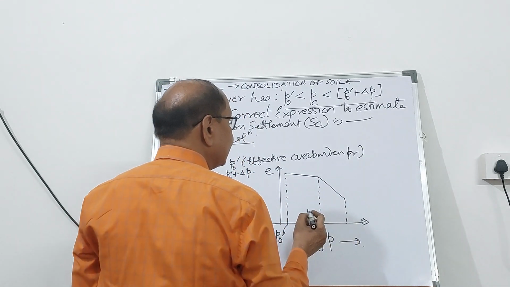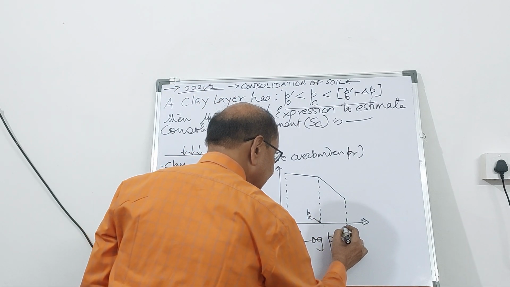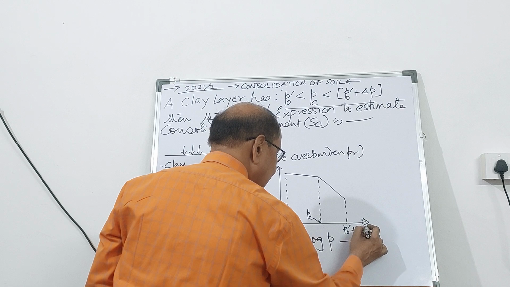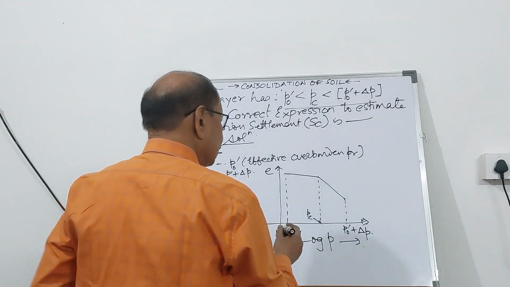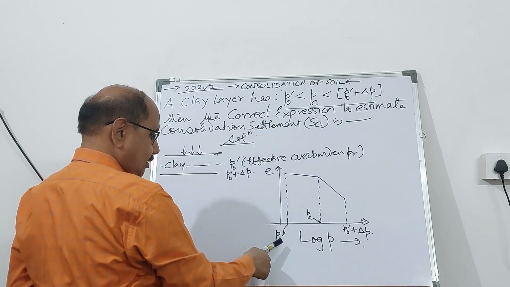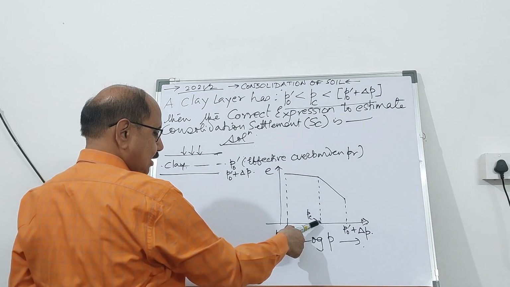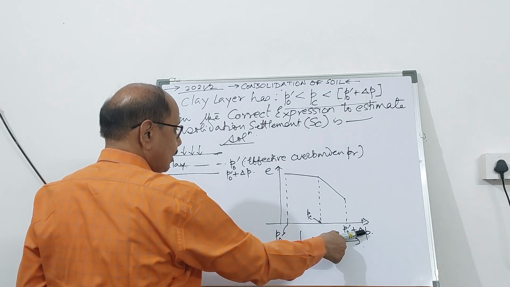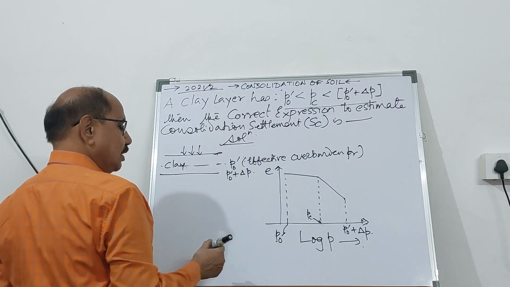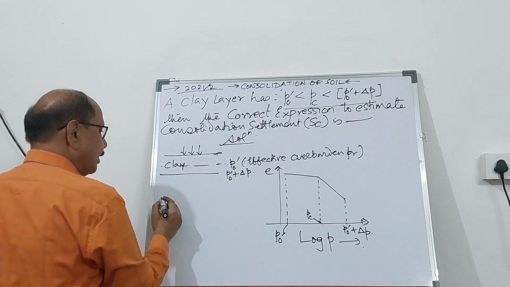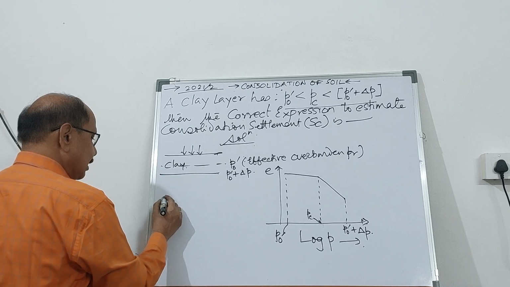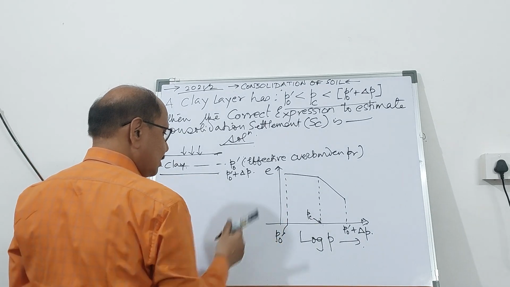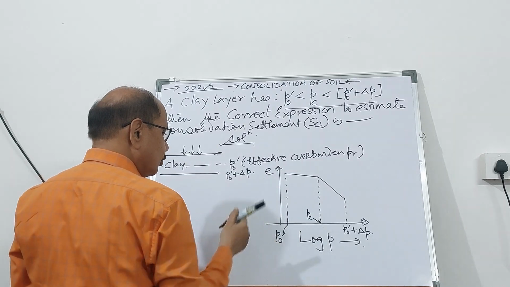So this pressure is P naught prime plus delta P. So this condition is satisfied. P naught is less than Pc, and Pc is less than P naught prime plus delta sigma prime. Now, if you want to find out the consolidation settlement Sc, now for this, there is a higher pressure.